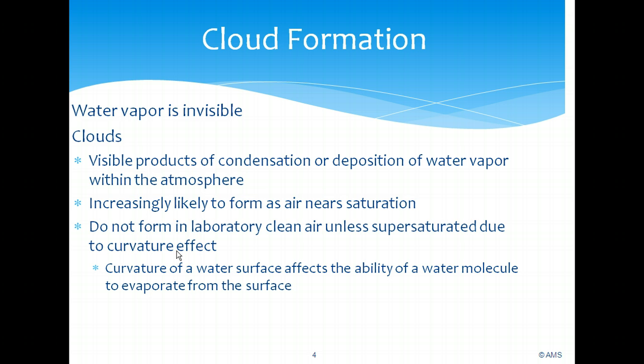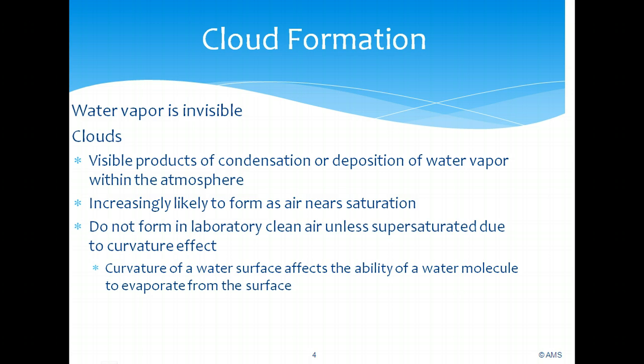basically is related to the curvature of the surface of a spherical water droplet. And this curvature decreases as the radius of the droplet increases. That is, the surface of a small droplet has a greater curvature than the surface of a large droplet.